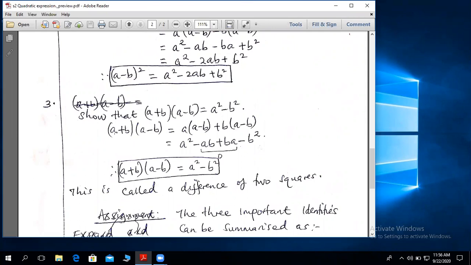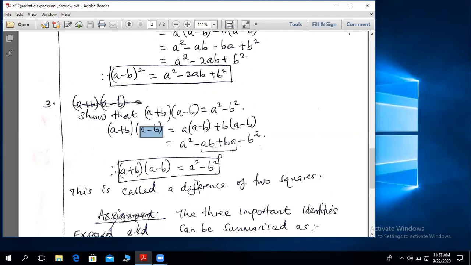So this will be a plus b into a minus b, which is the same as, you get a and multiply by the second bracket, which is a minus b, then plus b, and you multiply by the second bracket, which is a minus b. So this gives you a squared minus ab, then plus ba, minus b squared.